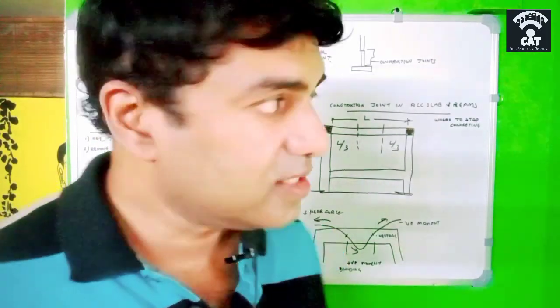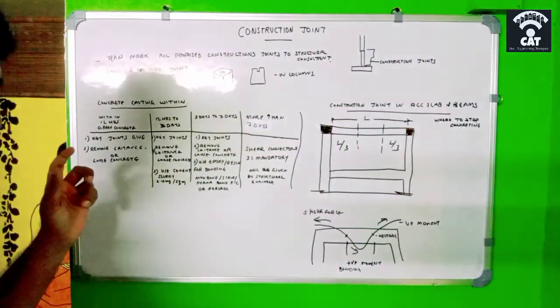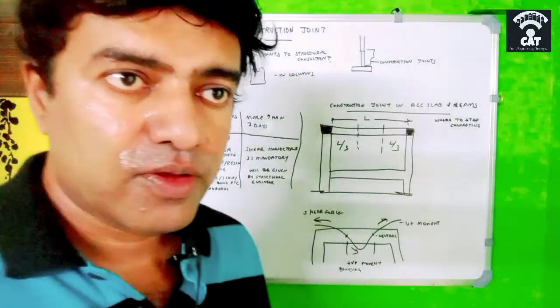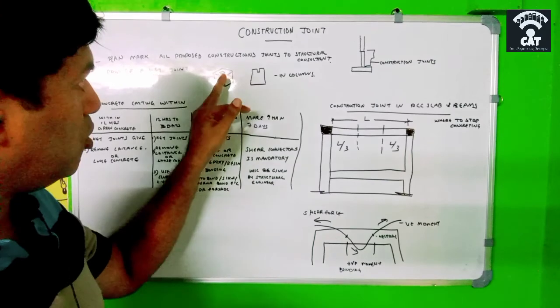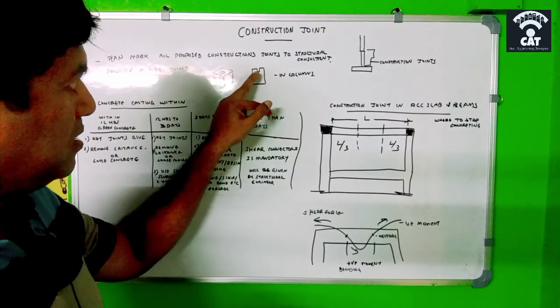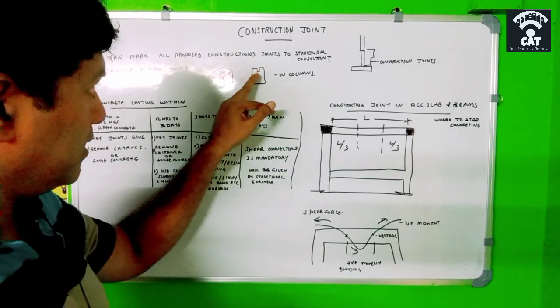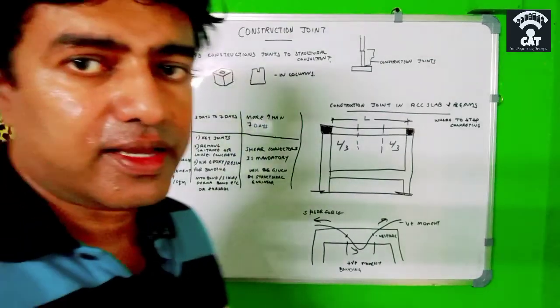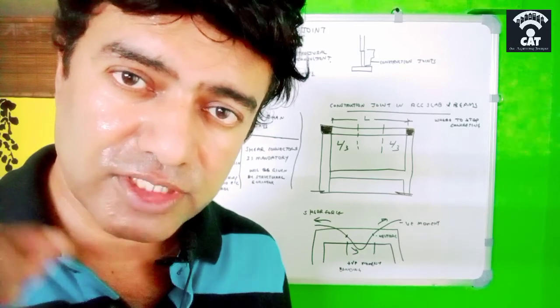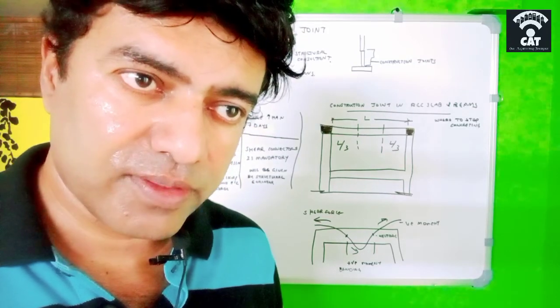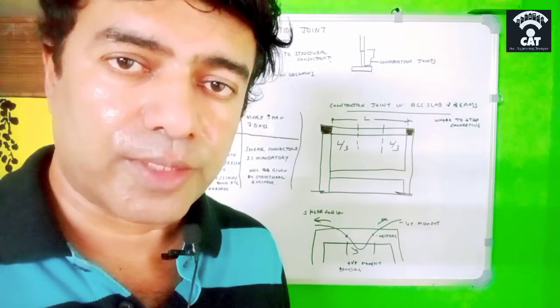Within that 12 hours, if it is a column, we have to make a key joint like this. See, this is the column, and there is a small key joint like this. We have to make the key joint for that column if it is within the 12 hours after the first pouring of concrete. And after making this key joint, we have to remove the laitance.